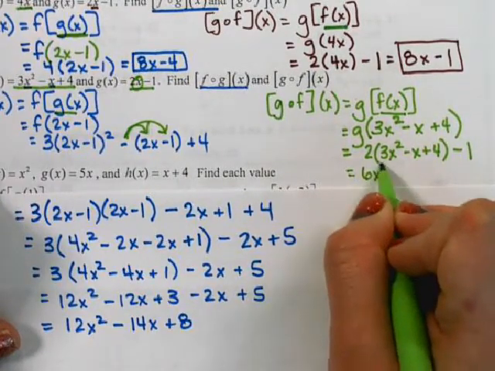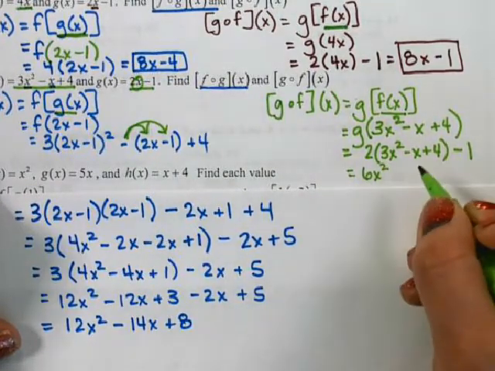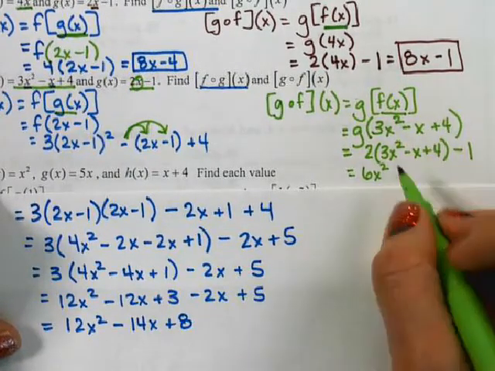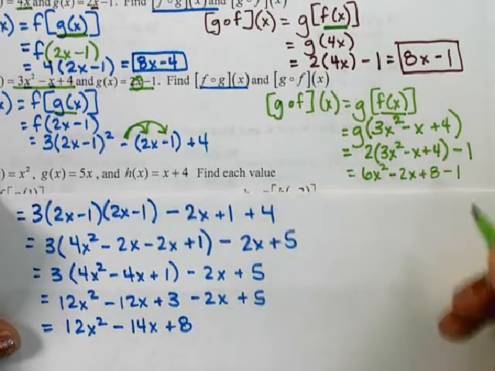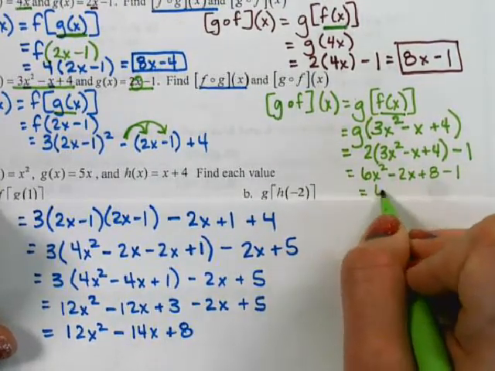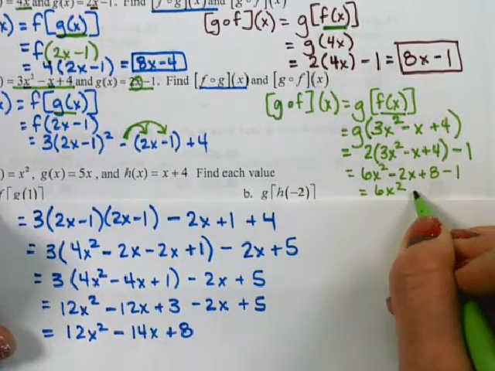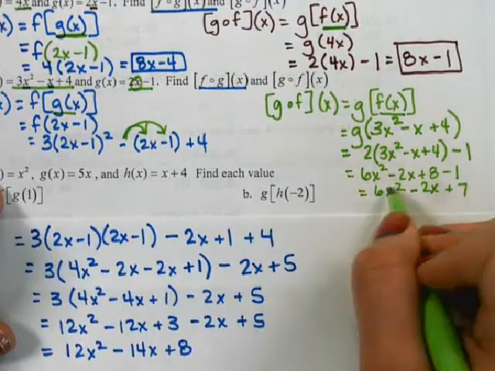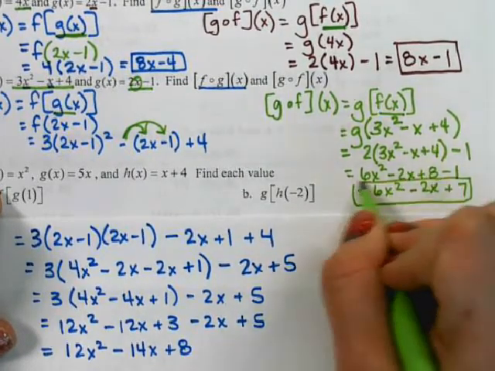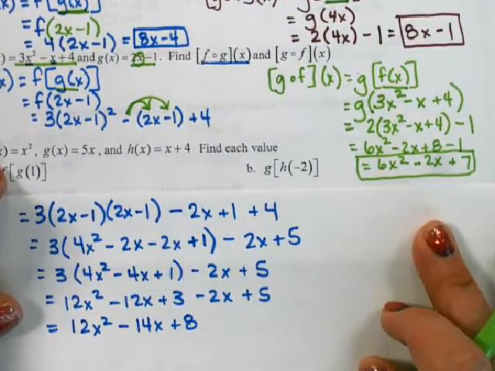To distribute the 2, it takes it to here. My tongue got in the way. 6x squared minus 2x plus 8 minus 1. So finally, 6x squared minus 2x plus 7. See how we got two distinct functions?